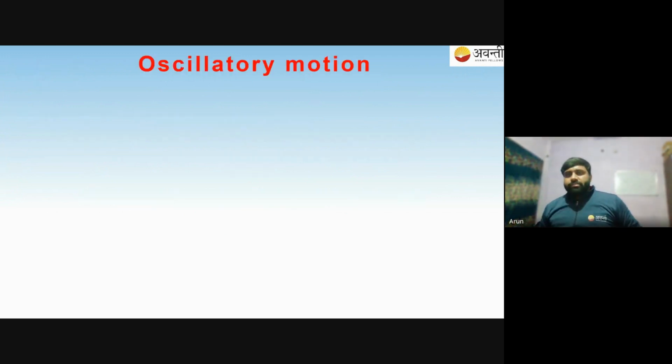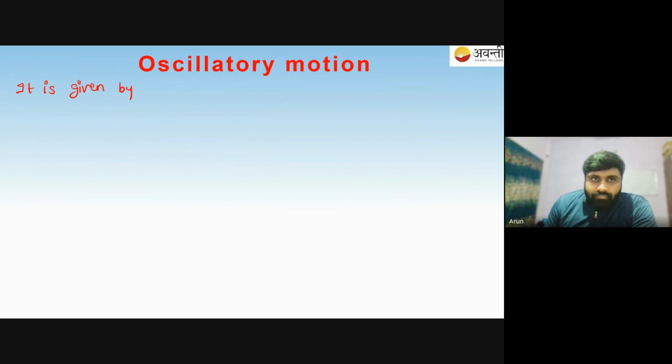Now, if I talk about oscillatory motion, what is actually oscillatory motion? Oscillatory motion is given by a force displacement equation, F = -k x raised to the power n.